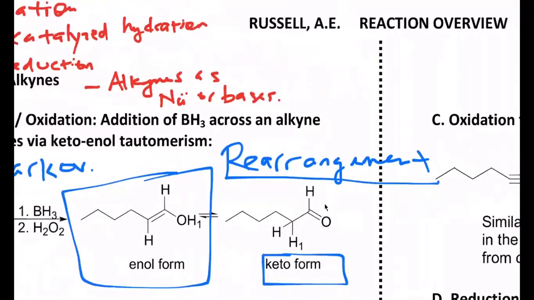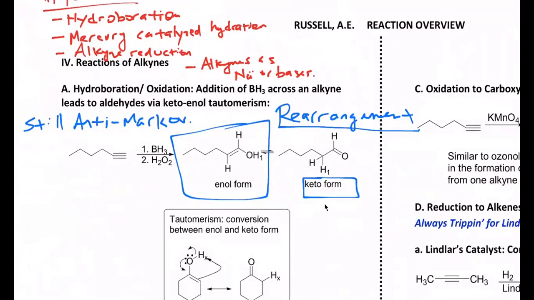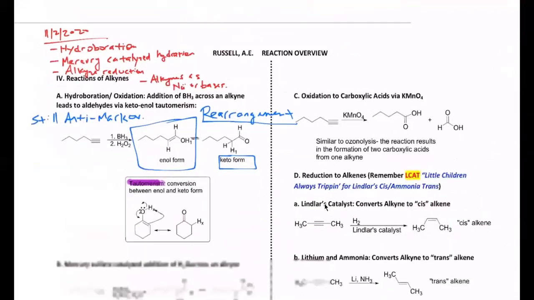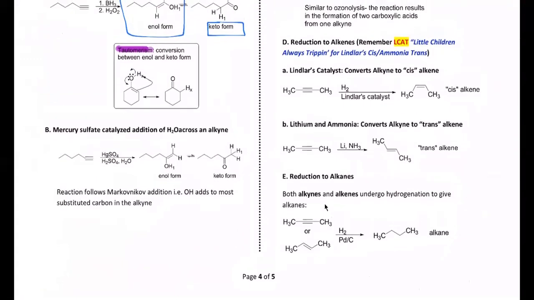It's called tautomerization or tautomerism, right? So I'm going to add a page in so we can talk about how that happens. All right. So let me add a page here. Where am I? Here.